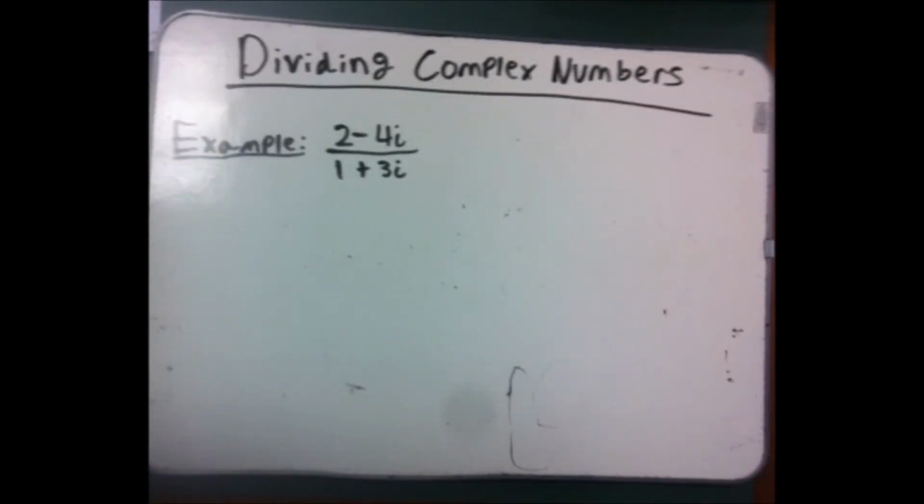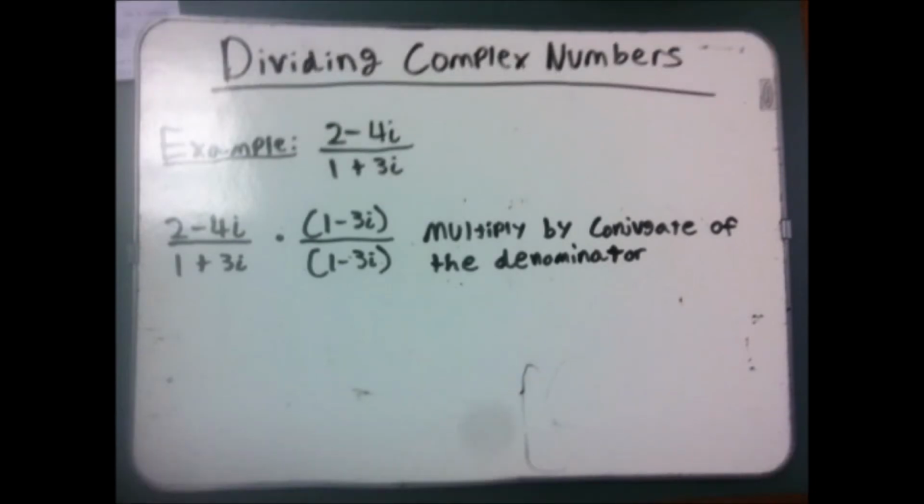Now let's move on to dividing complex numbers with the example problem (2 - 4i) divided by (1 + 3i). Remember that we can't have any imaginary numbers in the denominator, so what do? Scream, cry, panic, call 911? Nope. We simply multiply the numerator and the denominator by the conjugate of the denominator to get that i out of there.